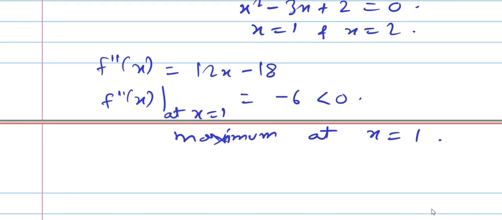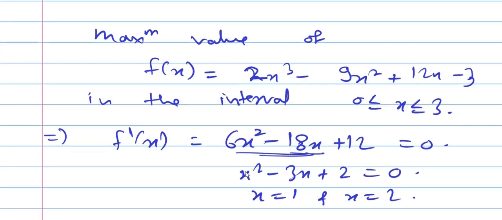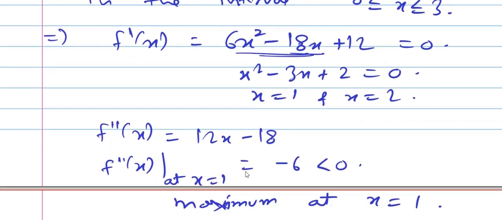So what will be the maximum value? We need to calculate f of x at x equal to 1. f of x is 2x cube minus 9x square plus 12x minus 3.